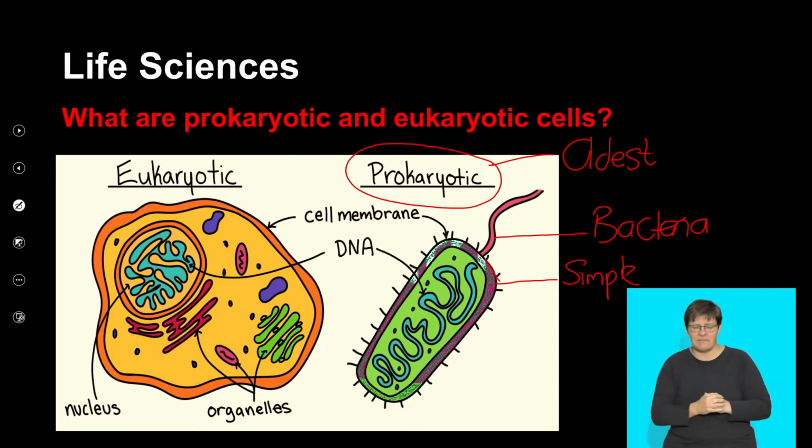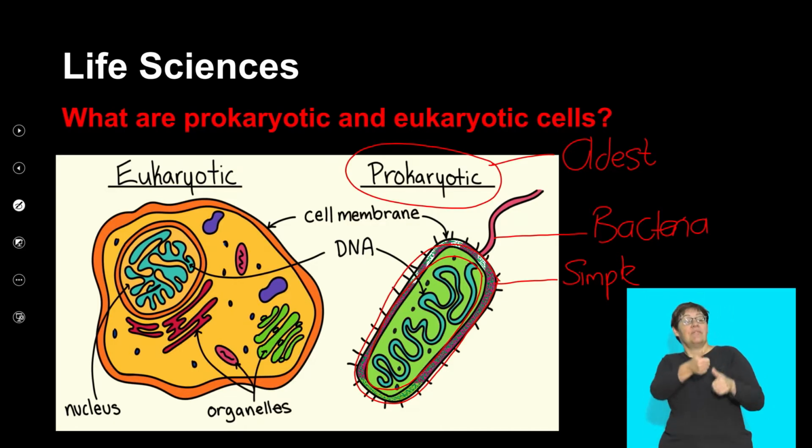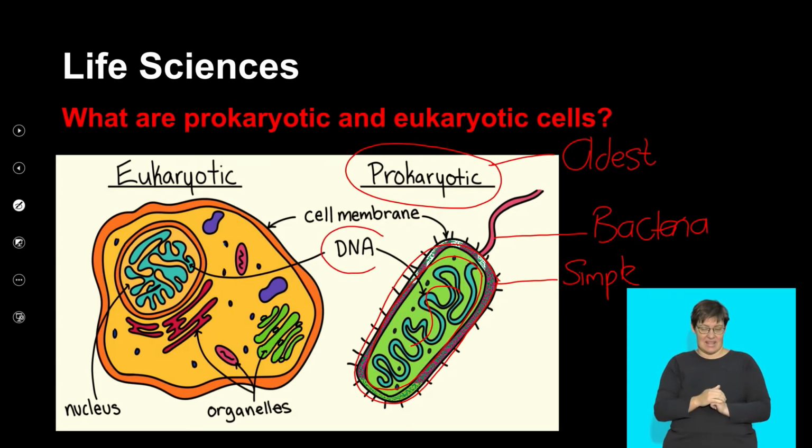They had something around them. We're going to look later at this concept of a cell boundary. They had this jelly-like substance inside it. And then they had their DNA, because we were looking at this whole concept of reproduction, carrying on our genetic material. But when it came to living things, they were very, what we call, simple.